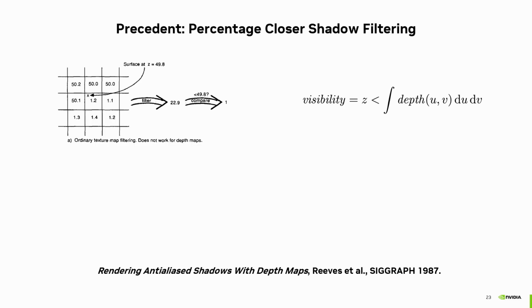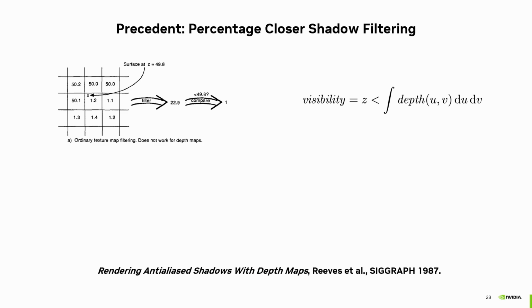The next paper that was about a very different topic but made a very similar observation was Reeves et al. from SIGGRAPH 1987, a paper as old as I am, where they introduced percentage closer shadow filtering.